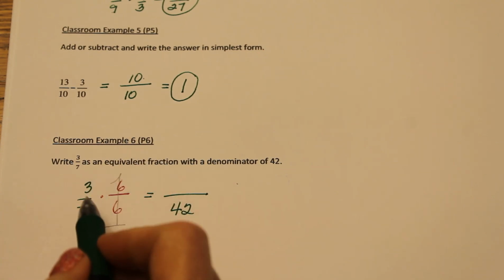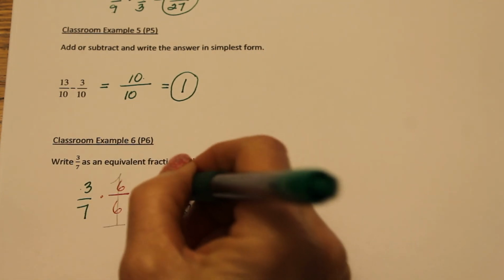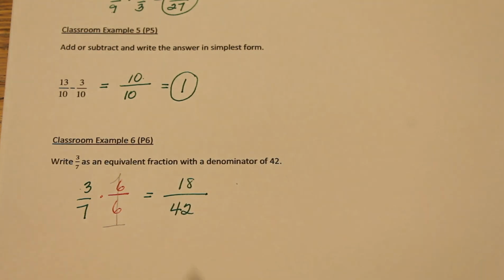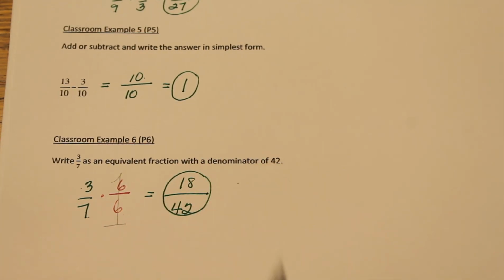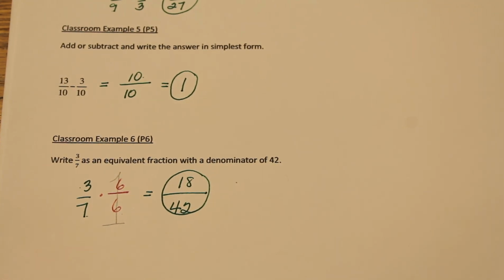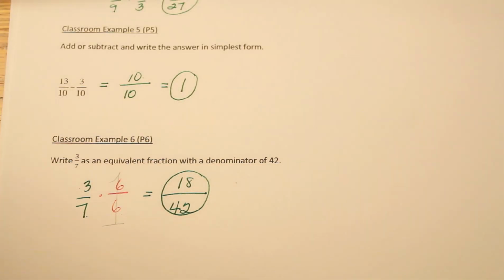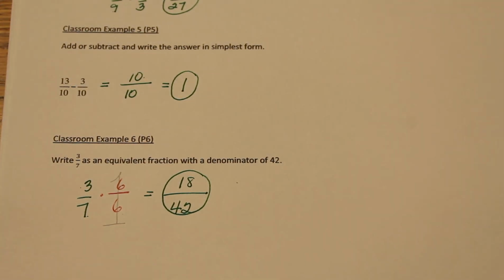So now let's multiply across. 3 times 6 is 18. And 7 times 6 is 42. An equivalent fraction with a denominator of 42 instead of a denominator of 7 is 18 over 42.